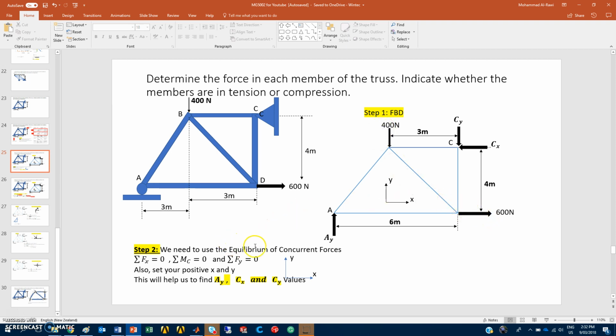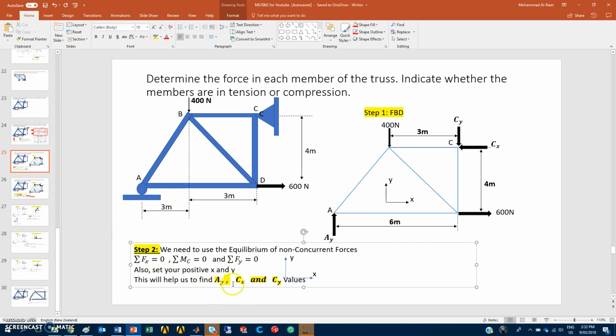Now we have three unknown forces and two external forces given. We need to use the equilibrium of forces, but in this case they will be non-concurrent forces, because we need to take the moment. So summation of forces in the X direction, summation of moments, or summation of forces in the Y direction.